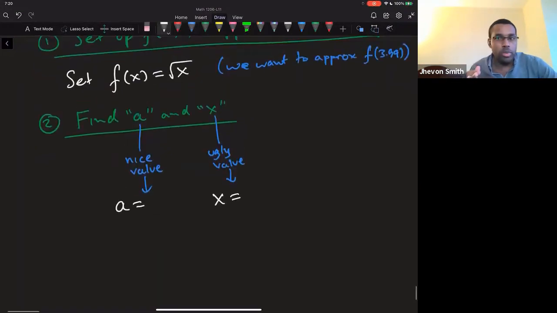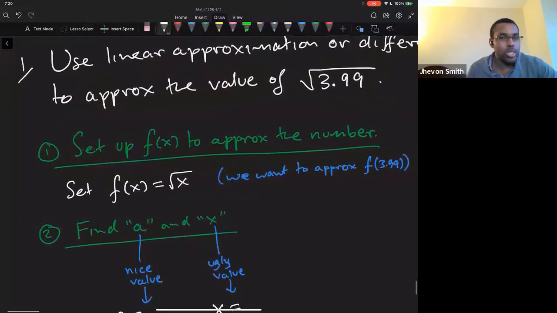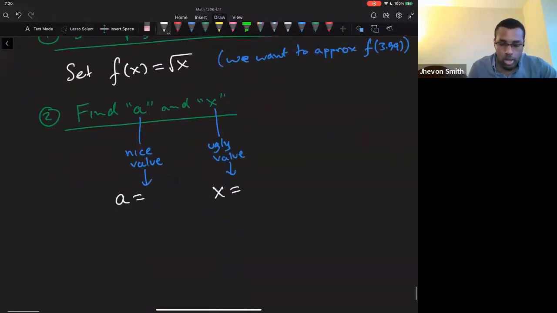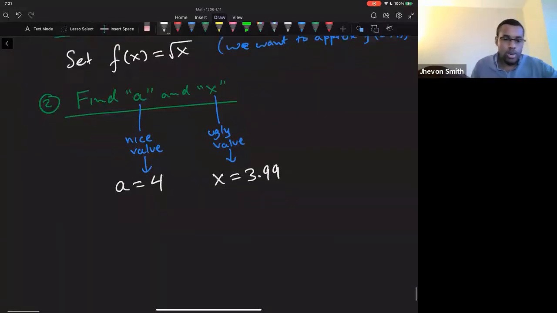Now, the ugly value is the value that we don't know anything about, which the whole point of this problem is to figure out what is the square root of 3.99. So x equals 3.99 is the value that I don't know anything about. Now, a is a value that has to be close to this value, which I do know all the information about. In this case, 4 seems like a very good candidate, right?